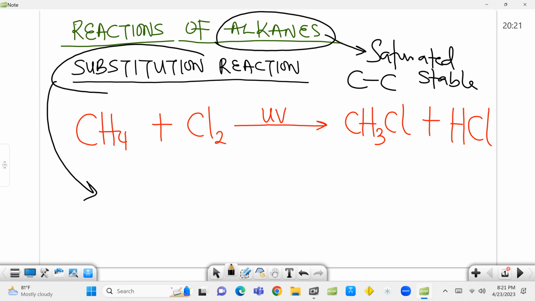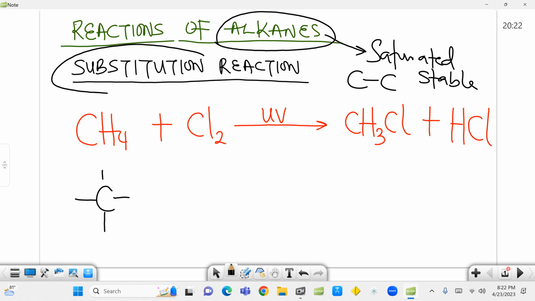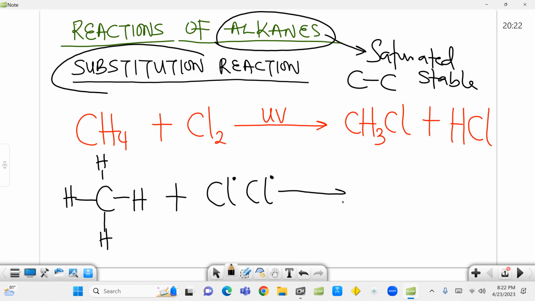One of these is substitution. In a substitution reaction, we are basically replacing an atom in a substance with a more reactive atom or substance. Okay, if you look at the substance right here, this is CH4, which is methane. We are reacting this with chlorine radicals in the presence of UV light.